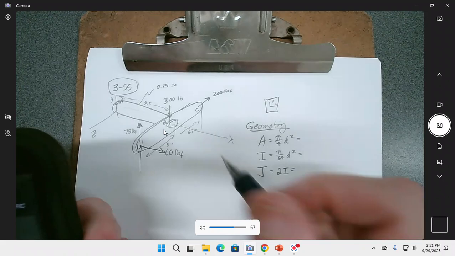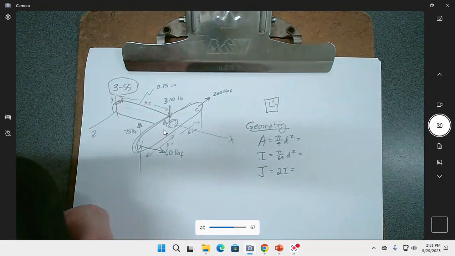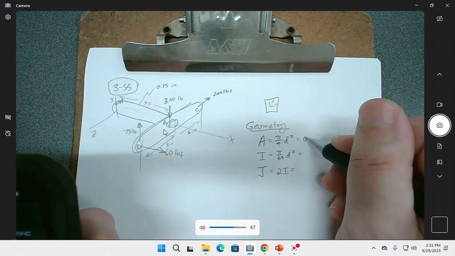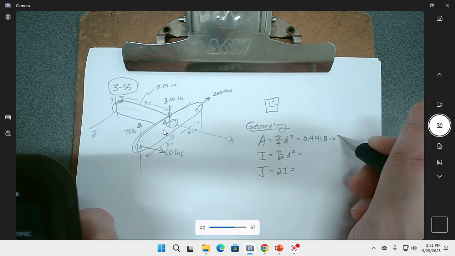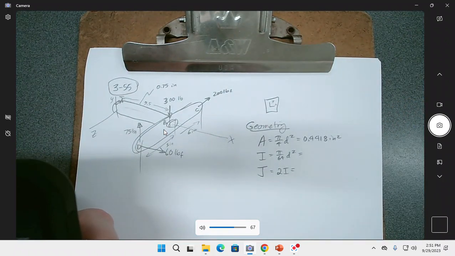So let's see, it's 0.75 inches. So square it, multiply it by pi. Was that right? Okay. Divided by 4. 0.4418, call it. We get 0.75, raise it to the 4th. Is that true? Well, that's weird. We'll try it again, 0.75 to the 4th.